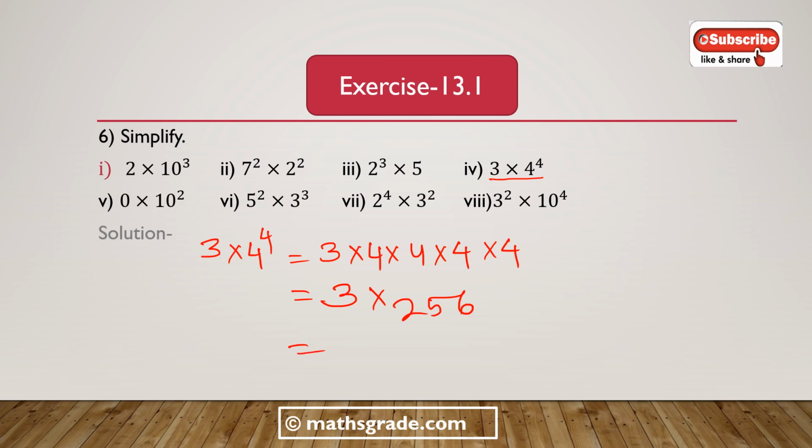And 3 multiplied with 256 is 768. The value of this exponential number 3 multiplied with 4 to the power 4 is 768.